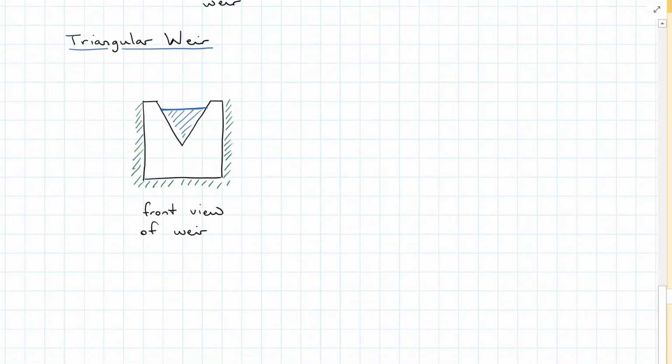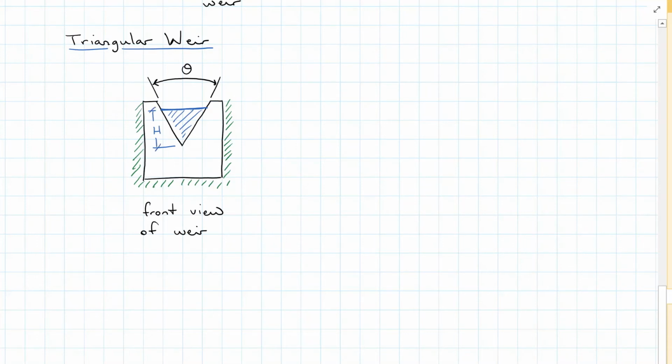The most accurate weirs that we can use to measure flow are triangular weirs. So we've got here the V-notch weir. Now the triangle itself has an angle of theta, and this water depth here is our H value.